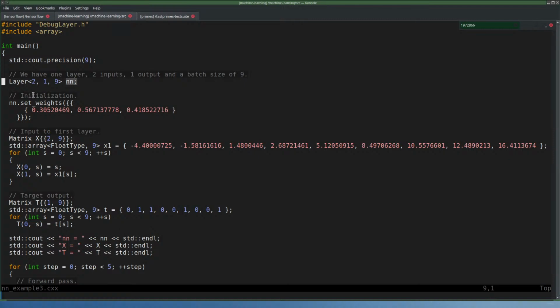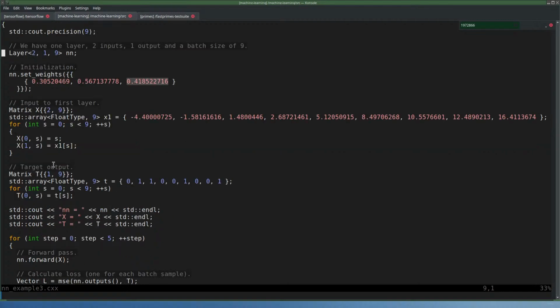That's a single neuron, right? Because it's a single layer and it has a single output, so it's a single neuron. Now we set weights for the input 1 and input 2, and that's the bias. And then as input, we have 2 inputs.